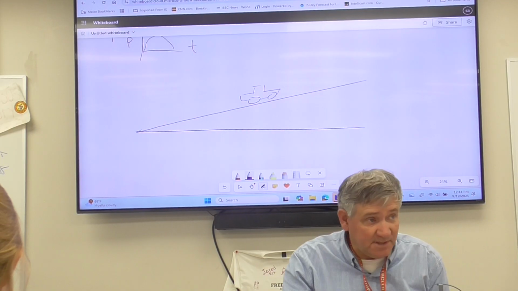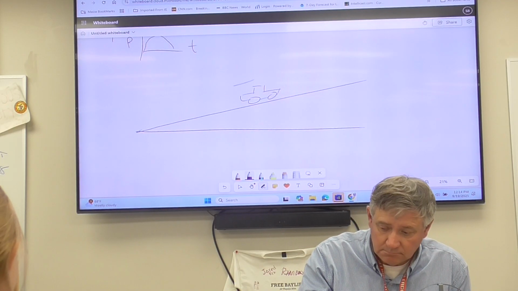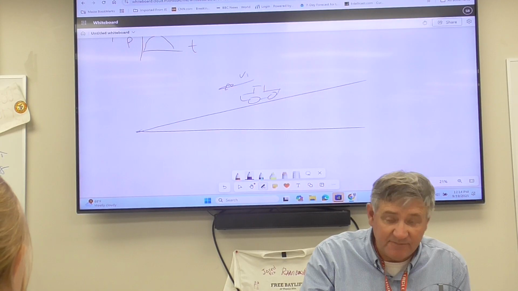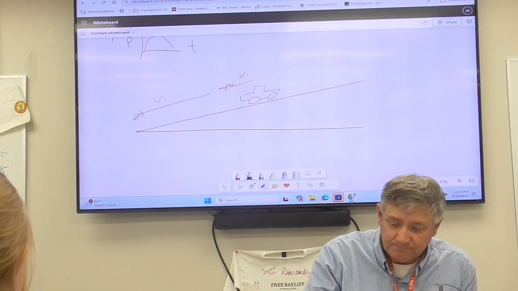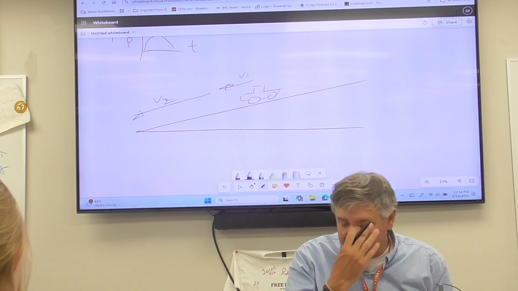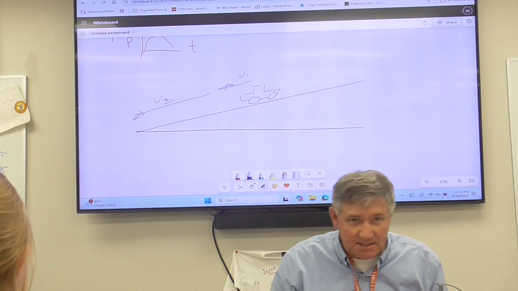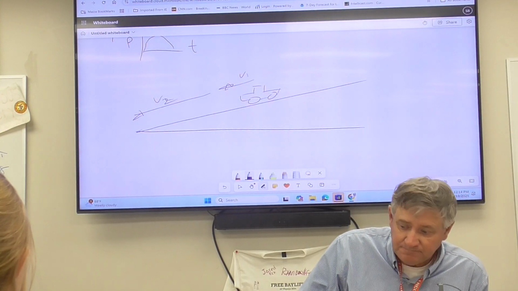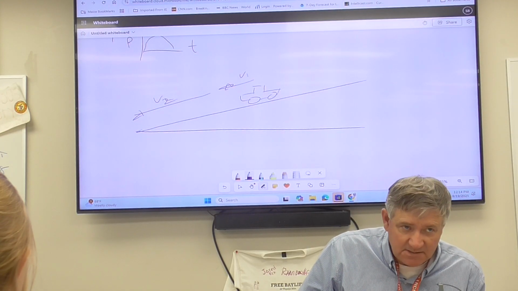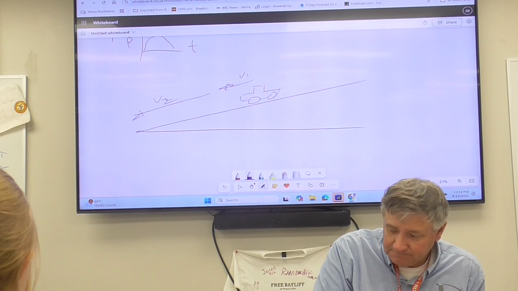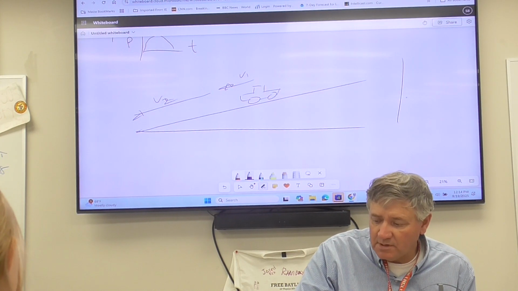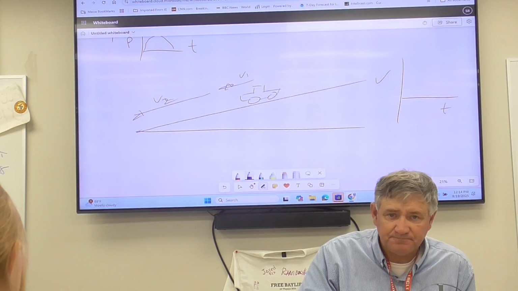So would they be pointing down the hill? Yeah. V1, and then if it's speeding up, V2 is going to get longer. Now, if I tell you that downhill is defined as a negative value, what's the sign of the velocity? Negative. It's speeding up. So how would that look on a velocity time graph?